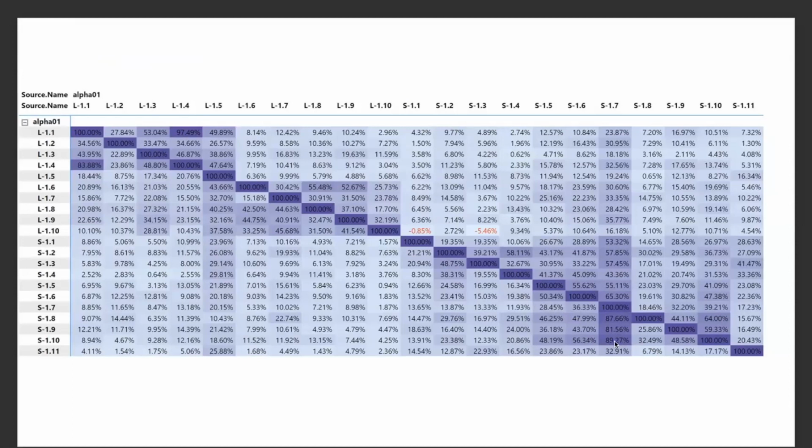You see this strategy S1.7 and this S1.10. They have from one side correlation 89%, but from the other side 39%. So absolutely different numbers. What does it mean? It means that one strategy has some trades, and the other strategy has a bigger amount of trades, and the trades of the first strategy are all covered by the second strategy.